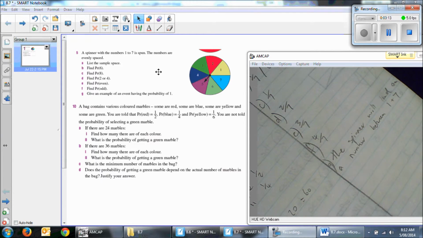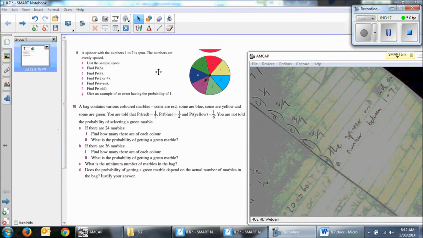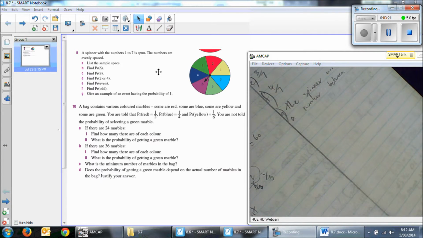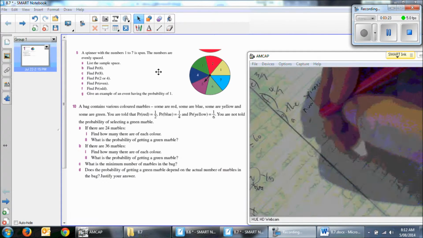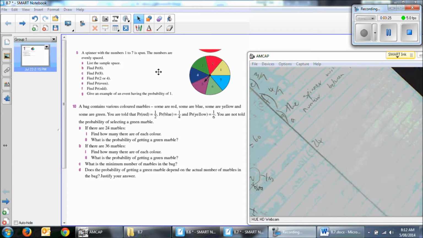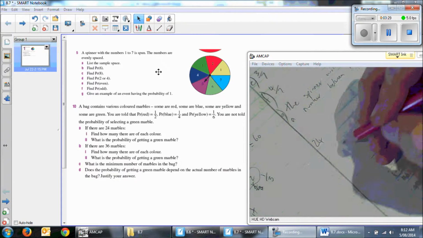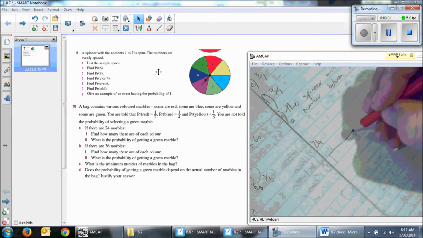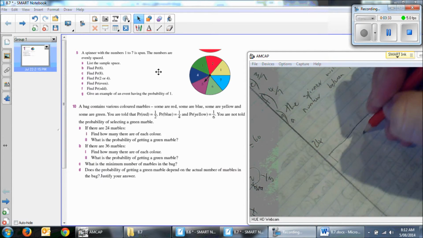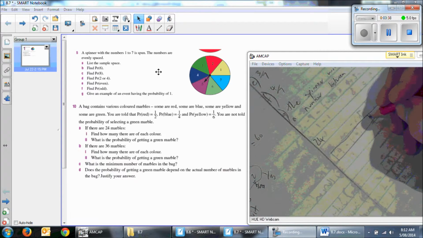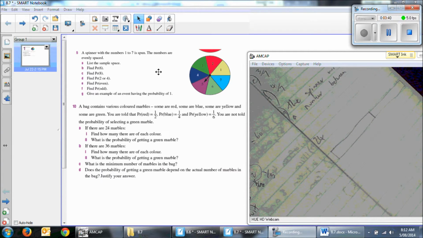Okay, so here you need to find the probability of each marble. Now there's a few ways to do this. Usually what I do is, firstly I say, okay, well how many do we have? We've got 24 as a total. And sometimes it's easy just to draw a bar like this. And I've got half of them are red.